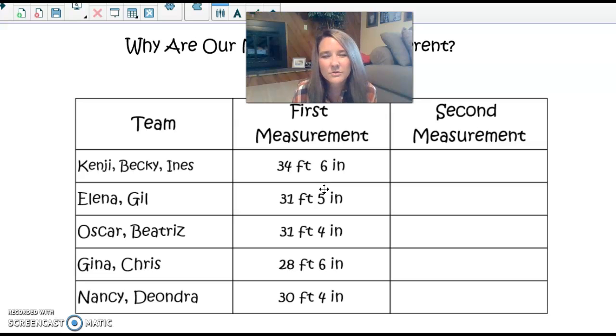So even though we've got different measurements, we know that there is one right distance if you're measuring the same length. But here are some things that could have happened when you were measuring. You could have been placing rulers or yardsticks so they overlap or have gaps between them.